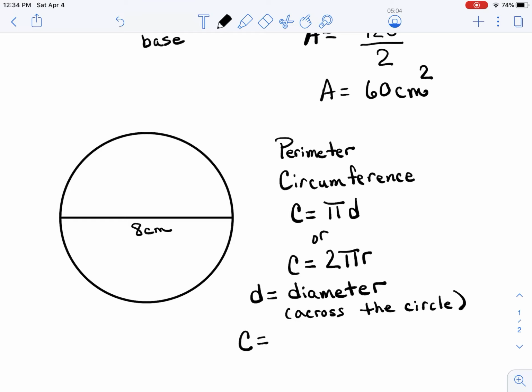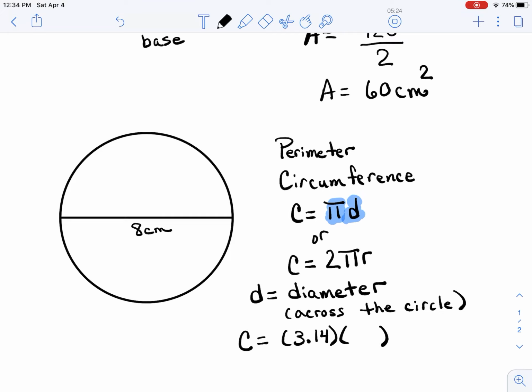you're going to go C for circumference equals, now if you go back to the formula, it's pi times diameter. So we know pi is approximately 3.14. Now it doesn't equal 3.14. If you have a pi button on your calculator, you can use that.